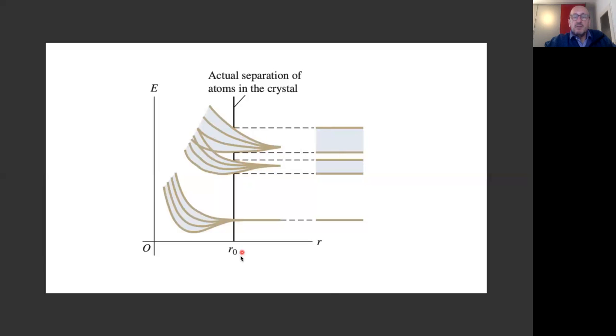The thing is, these energy bands actually start going up at the end. If you bring the atoms together, there's going to be this mix in energy.